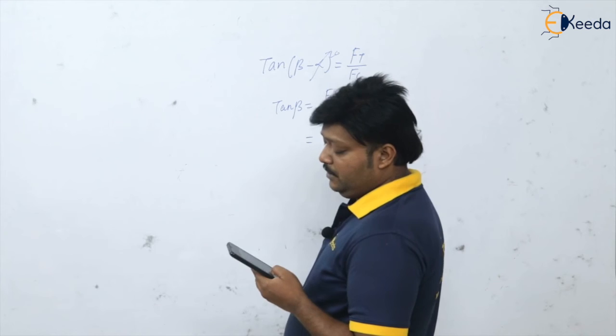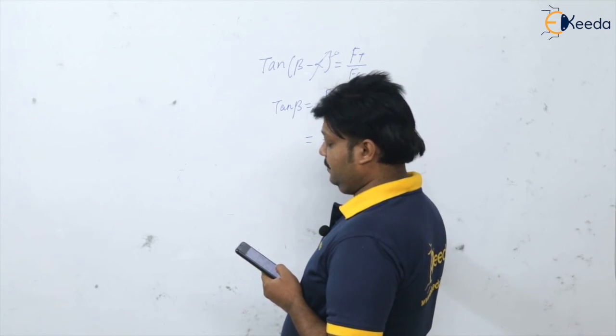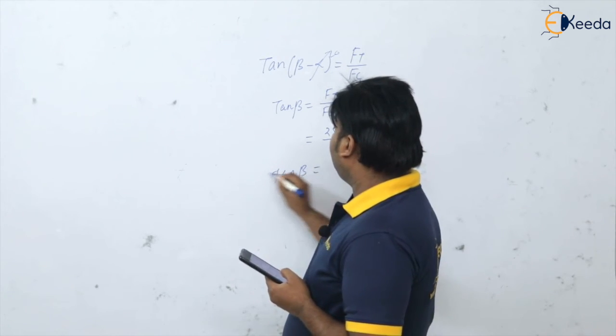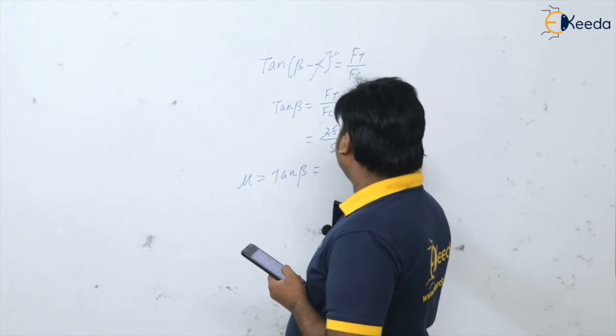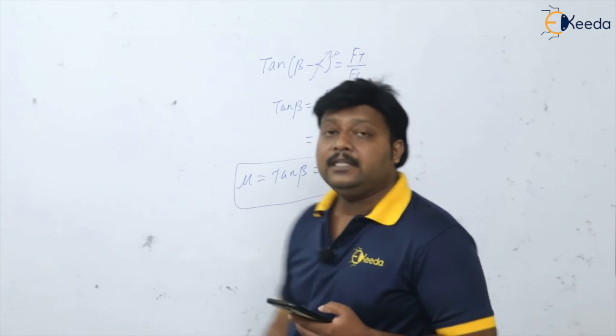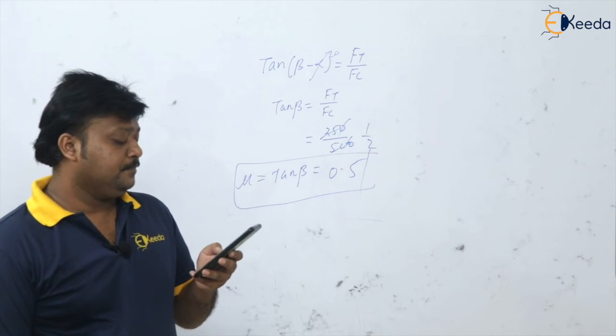Ft is 250 and Fc is 500. So tan beta is nothing but the coefficient of friction, and the same thing they are asking. So it is half, that is 0.5. So the coefficient of friction is 0.5, the correct answer.